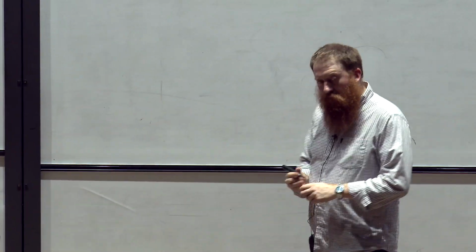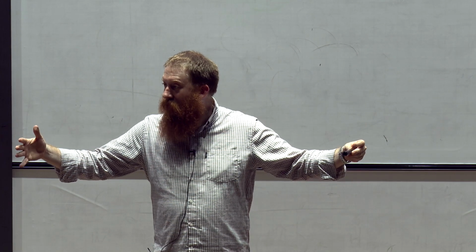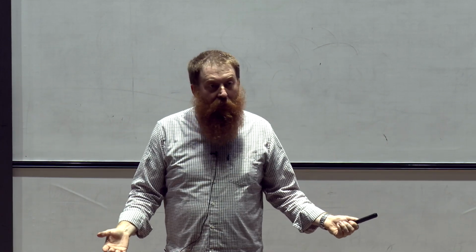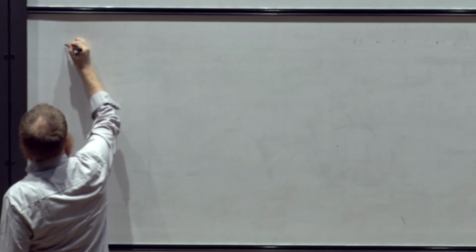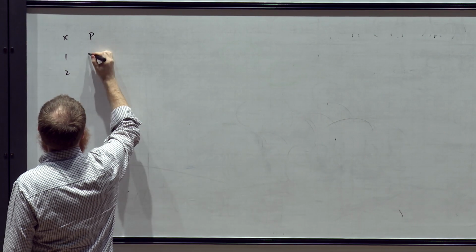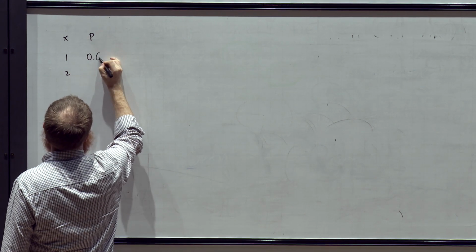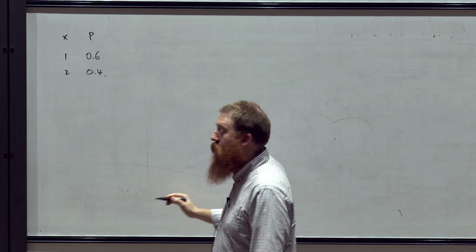Okay, so I could just write out all the probabilities and then construct the arithmetic code. What would that look like? Let's suppose for a moment that I had x being 1 and 2 with probabilities 0.6 and 0.4. Keep life very simple.